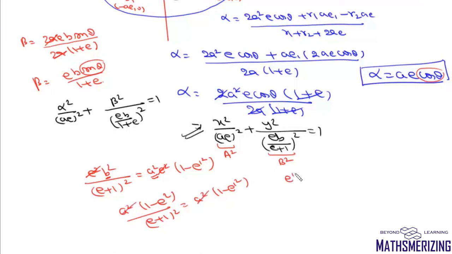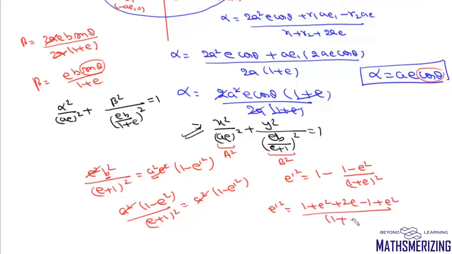So now we can write E dash square as 1 minus E square upon 1 plus E whole square. So this E dash square will be 1 plus E square plus 2E minus 1 plus E square upon 1 plus E whole square. Now here 1 and 1 will cancel.